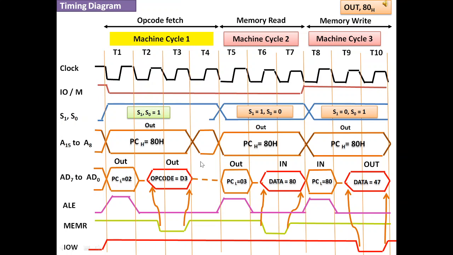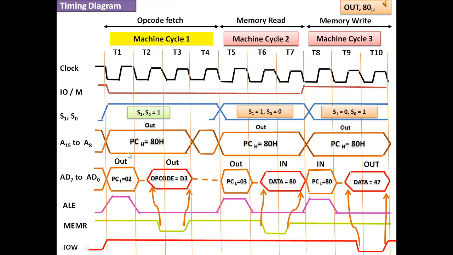So let us first consider the opcode fetch. In this we have 4 T states, namely T1, T2, T3 and T4. Now if we consider the OUT instruction which was previously mentioned, where the OUT instruction was written across the locations 8002 and 8003, at 8002 the operational code of OUT was written.